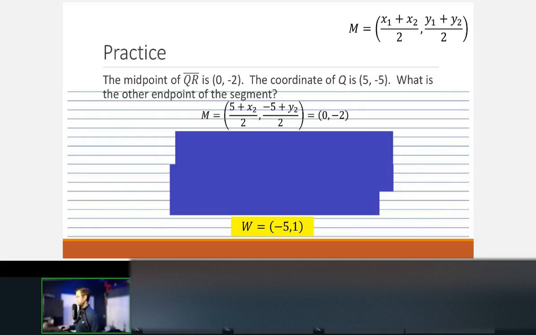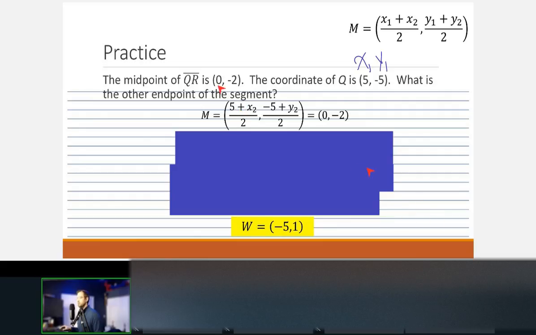Words are kind of meaningless unless you can see it in math, right? So I called this x sub 1 and I called this y sub 1. The reason why is because Q appears first in the segment name QR. But if you just call that x2, y2, it doesn't matter. Your answer will still be the same.